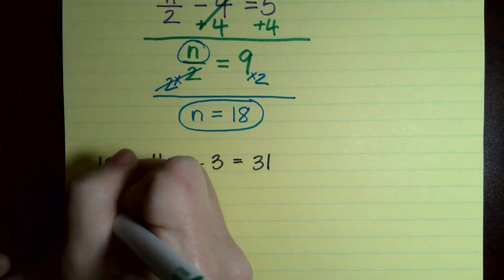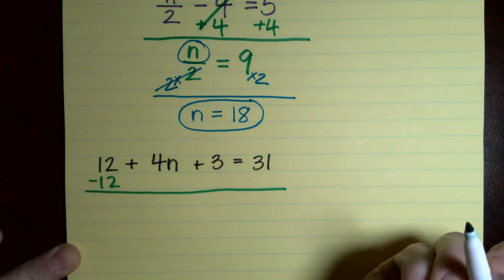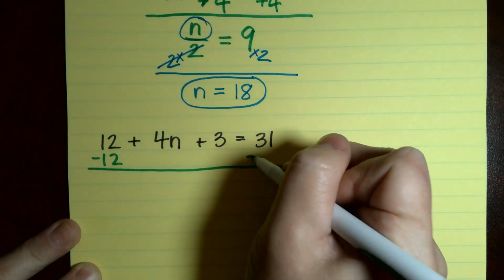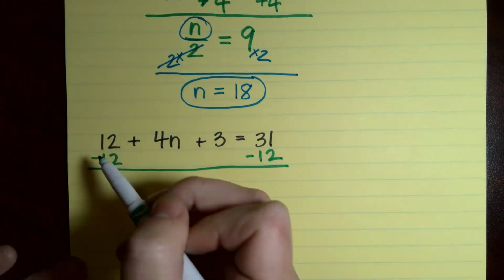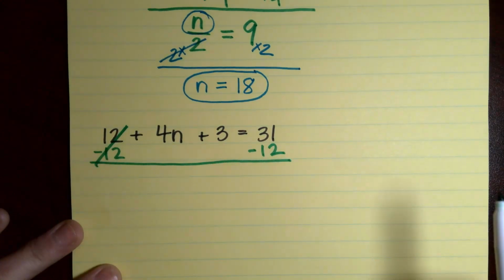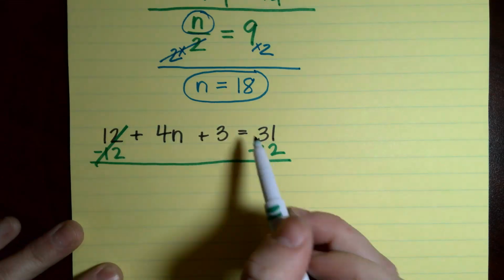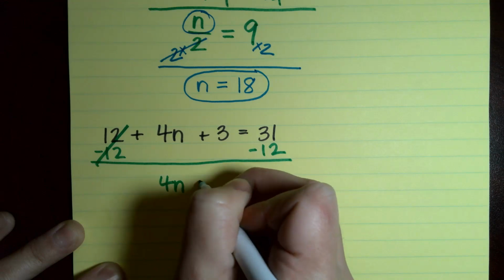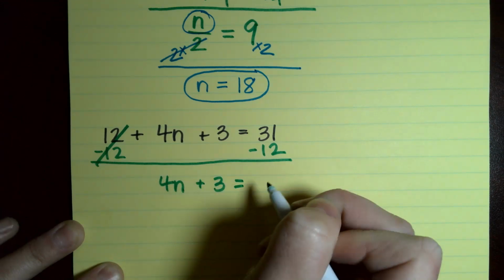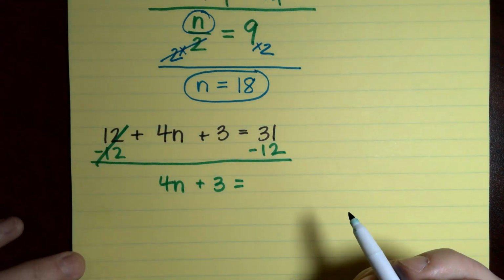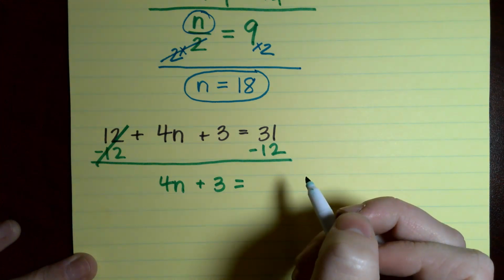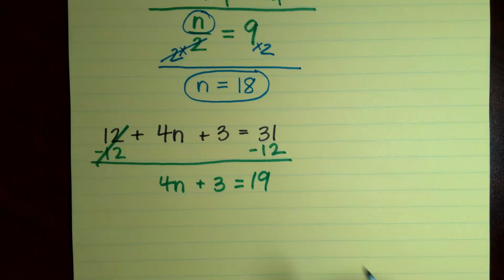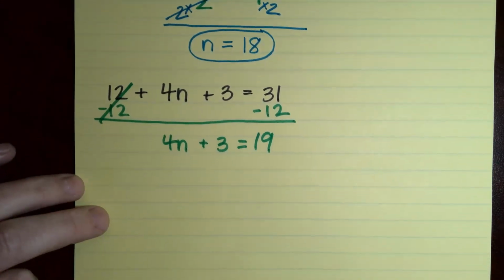Minus 12. Where else should I subtract 12 from? 31. I've got to go to the other side of my equal sign. Perfect. My 12's will cancel. Then I'll bring down whatever I have left. I've got 4 times n plus 3 equals, what is 31 minus 12? 19. Good. Okay, now what should we do?